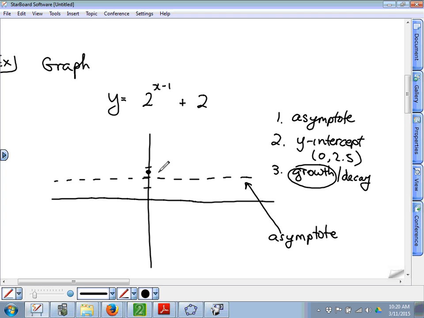Once you've decided whether it's growth or decay, here's where I'm going to allow you just to eyeball it. If you know it's growth, it's going to start along that horizontal line and increase like that. Okay? That's all I would need you to show. Yeah, I'm not too particular about that. Now, guess what would have changed if I put a minus sign in front of that?